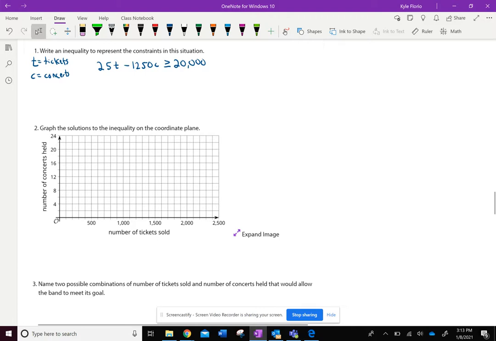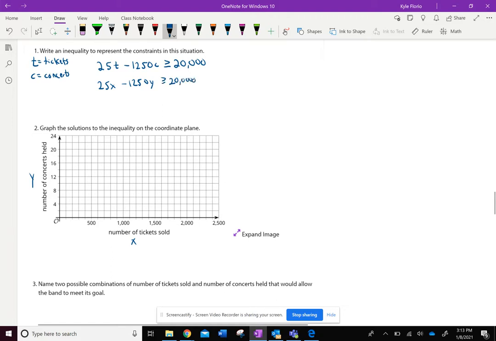Now graph the solutions to the inequality on the coordinate plane. So instead of us graphing it, tickets is X. It looks like concerts is Y. So I'm going to rewrite this with X's and Y's, and I'm just going to have the computer graph it for us.